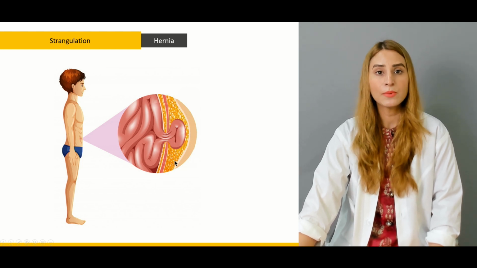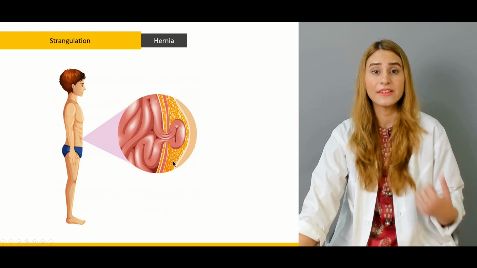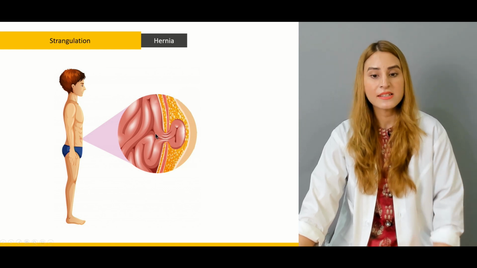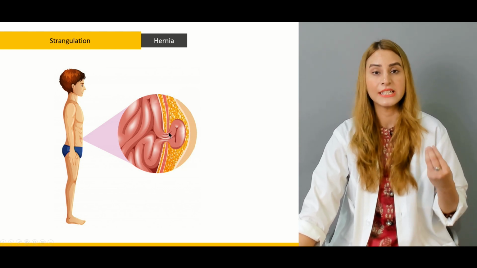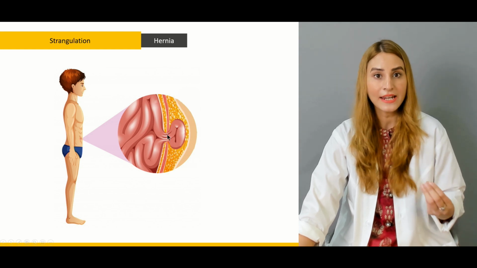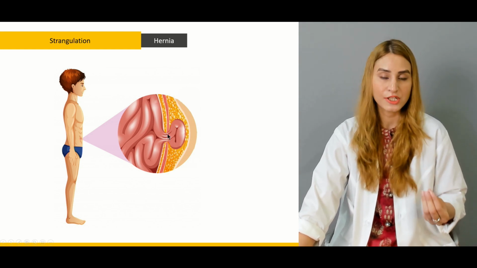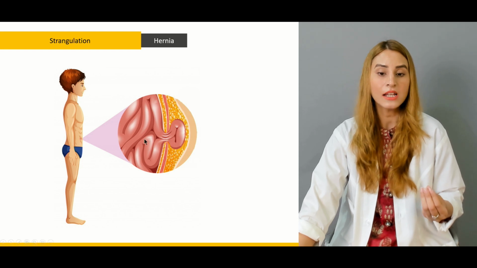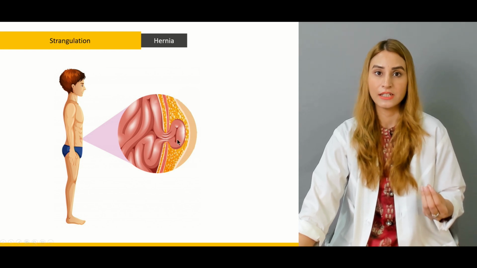So most of the time, whenever there's a hernia, there's a chance of strangulation, because this loop of the gut is coming out from that abnormal defect which is present in the abdominal wall, and this can lead to strangulation.